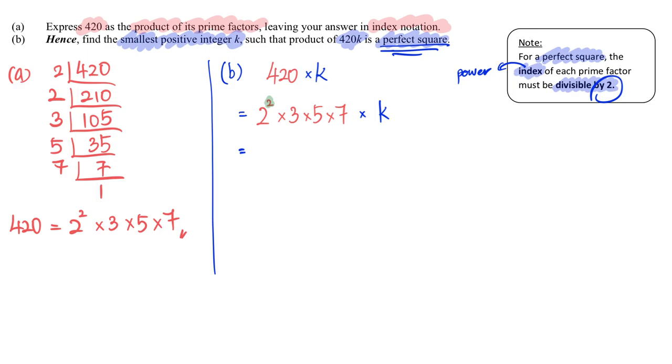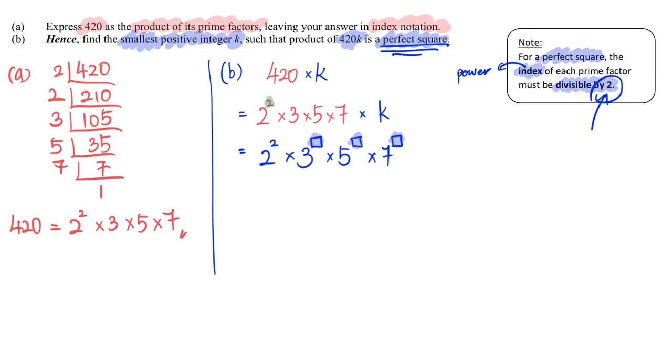So, in order for this whole number, 420k, to be a perfect square, I will require some more, because at the end of the day this whole number has 2 squared, 3 with a power, 5 with another power, and 7 with another power, and all these powers must be divisible by 2.